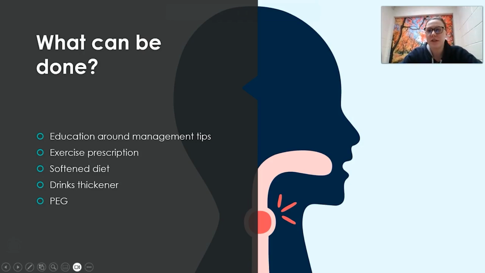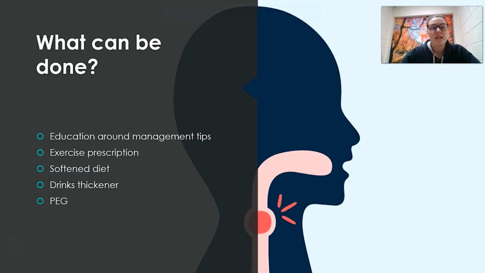So what can be done if we're having issues with swallowing? It can be something simple where we just need education or some management tips to try and make things easier for you. Exercise prescription: with neuromuscular conditions often being progressive, if we put exercises in place quite early on, like we do in the gym, then that can slow down progression, or aim to slow down progression.